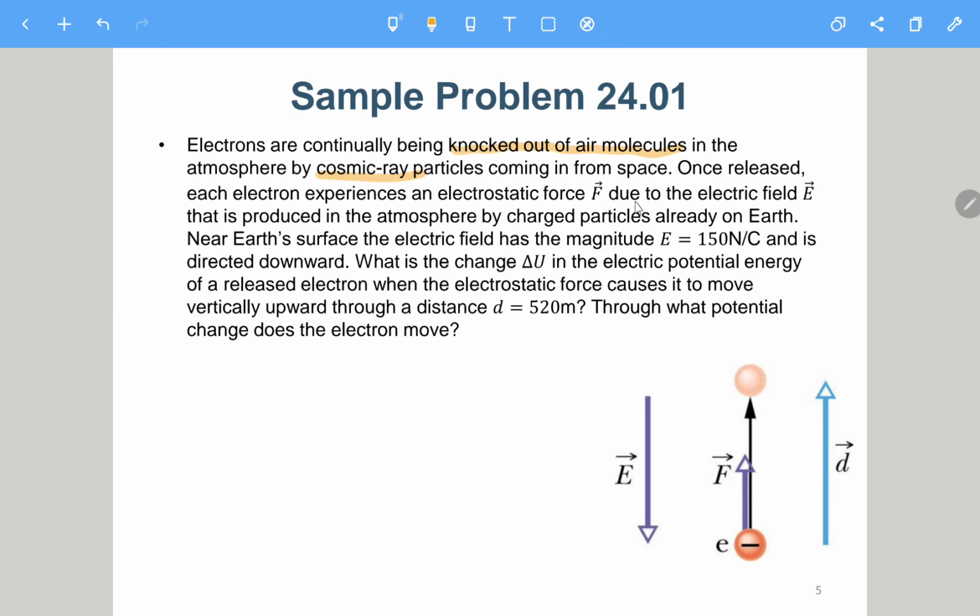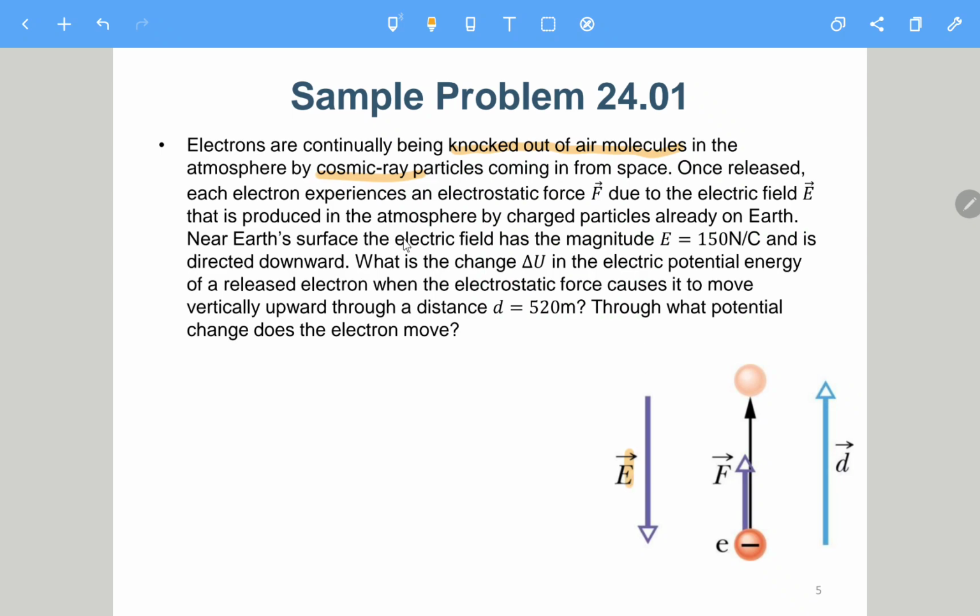Once released, each electron experiences an electrostatic force F due to the electric field E that is produced in the atmosphere by charged particles already on Earth. So it says there will be an E field generated by charged particles on the Earth.